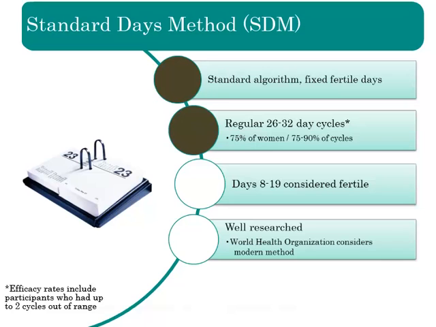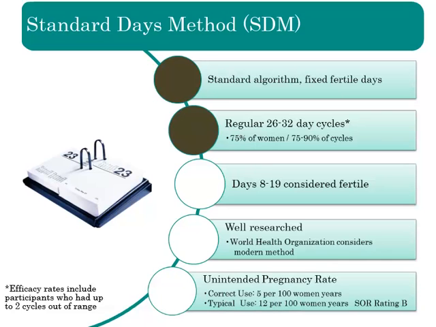Even with typical use, the SDM is far more effective for avoiding pregnancy than barrier methods. For example, condoms have an 18% failure rate with typical use, whereas the SDM has an unintended pregnancy rate of 12 per 100 woman years.